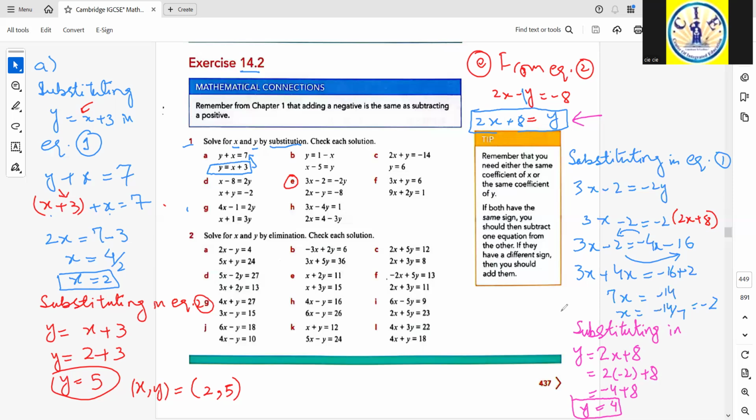And the value of the variables x, y is: x is negative 2 and y is 4.